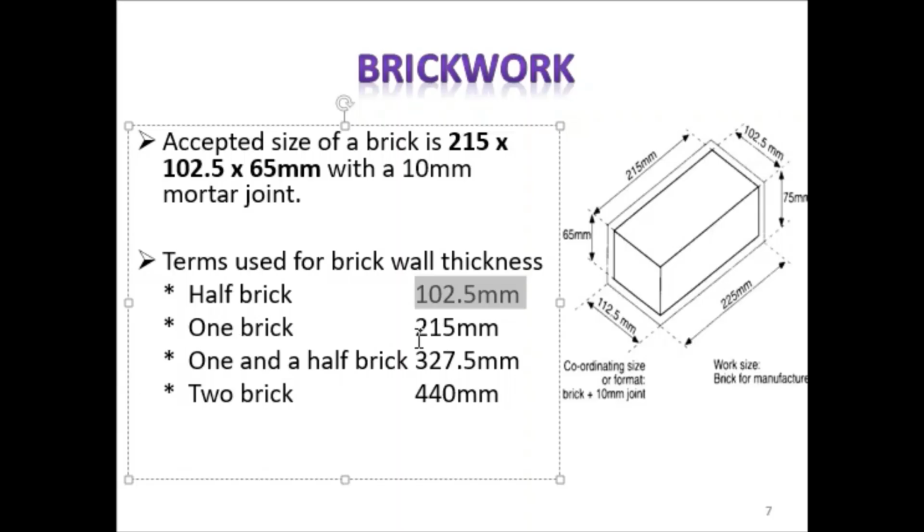If I say 1 brick, it will be 215 mm because of the way you arrange the brick. So the 215, if you arrange the brick like this, this is the stretcher face and this is the header face. Or 1.5 brick, so 102.5 plus 215. Or you can use 2 brick, 215 plus 215 becomes 440.